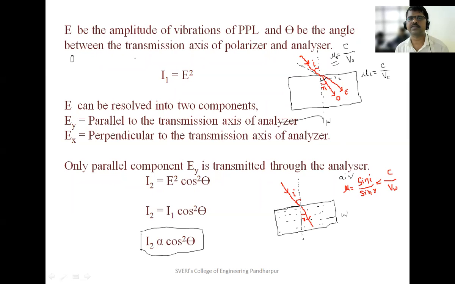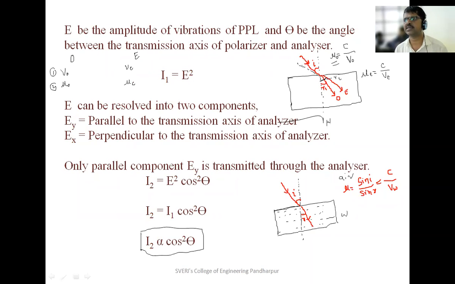First ordinary, second extraordinary. What is the first difference? The velocity of the ordinary ray is the same in all directions. The velocity of the extraordinary ray is different in different directions. Second difference is the refractive index of the ordinary ray is the same in all directions, and the refractive index of the extraordinary ray is different in different directions.